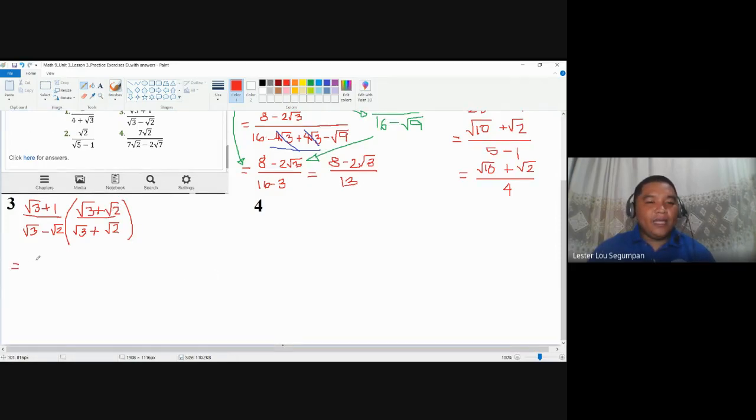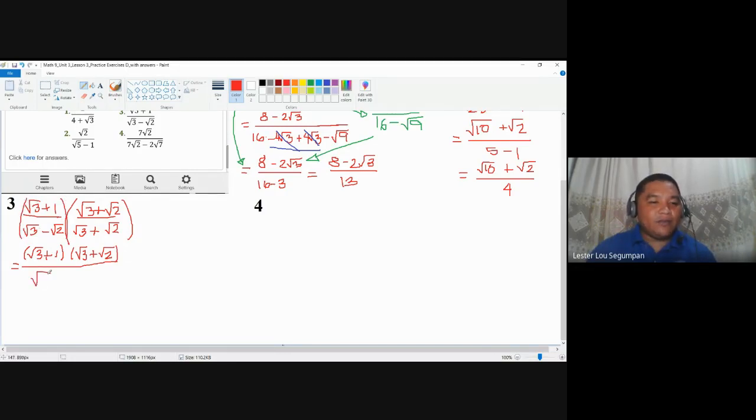So the numerator will involve the FOIL method. All over, we can just simply use the difference of two squares for the denominator because we have conjugates.